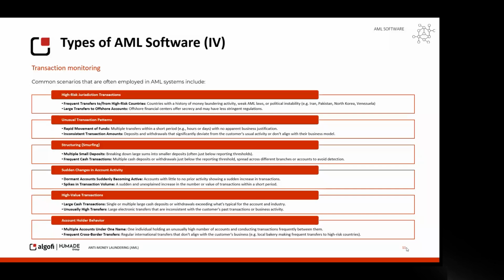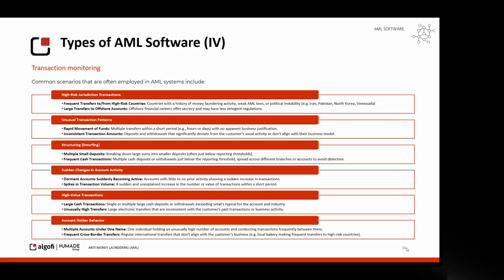Structuring or smurfing, multiple small deposits, so basically breaking down large sums into smaller deposits, often just below the reporting thresholds. If they are below the reporting thresholds, they would not be considered suspicious, which is why they do the breaking. Because if they were to deposit the large amount, it would be over the threshold and considered suspicious, and it would then be investigated.